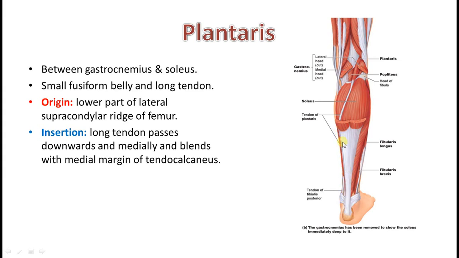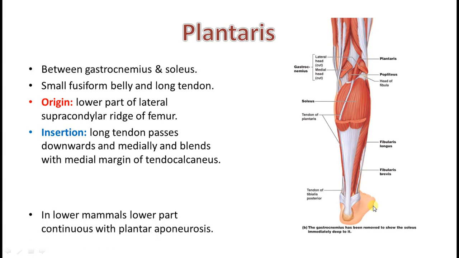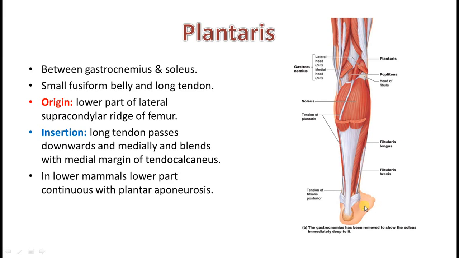Now if you look at the plantaris tendon, it is inserted via the tendocalcaneus, but in lower animals it crosses and is continuous with the plantar aponeurosis on the sole of the foot. So that is about the plantaris, which is a vestigial muscle. The nerve supply is again by the tibial nerve.